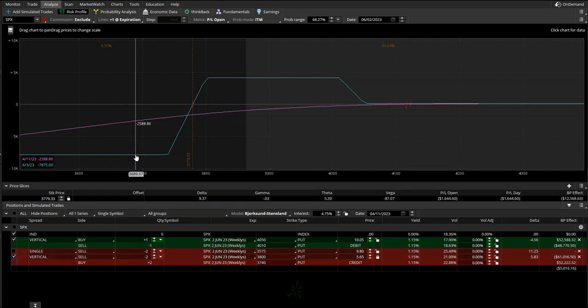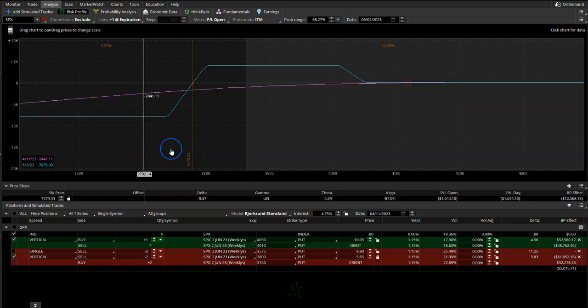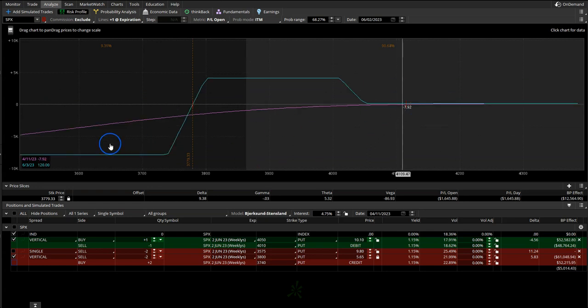So the max potential loss here, if we do nothing and just let it expire, is $8,000 below 37.40, minus the small credit that we're collecting up front, which takes our loss on the downside to $7,880. So we know that if we do nothing and just let this trade play out, below 37.40 we can lose almost $8,000.